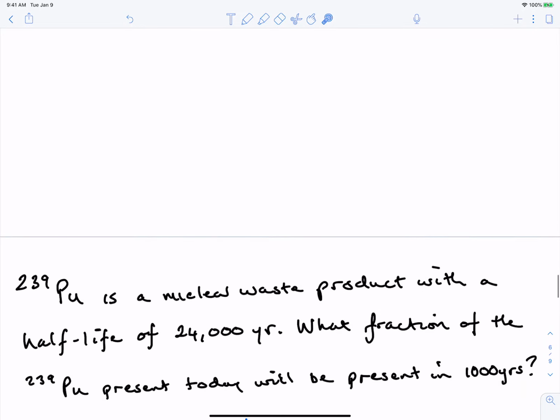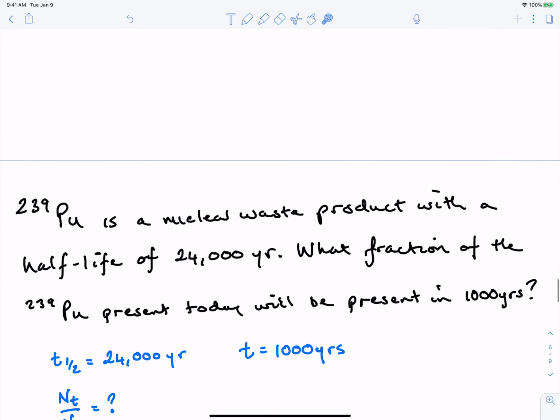And so the last style of question is where we could be asked some other expression of, well, what about a fraction of material that's left? So if we look at a nuclear waste product with a half-life of 24,000 years, we're asked what fraction of this material will be present in 1,000 years.